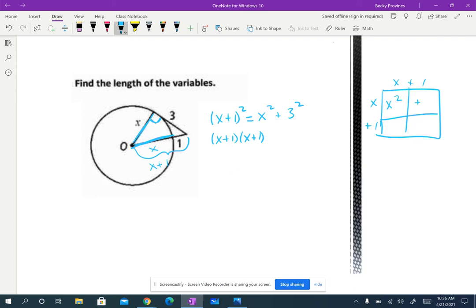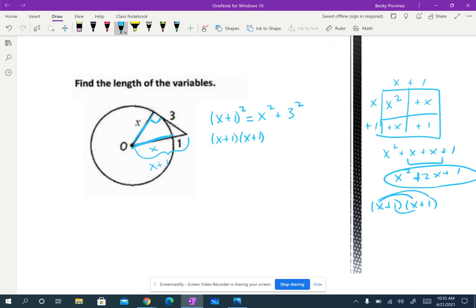X squared, x, and 1. So this is what you end up with. X plus x, you guys know, is 2x. That's a plus. So that's one way of getting it. Yes, you can FOIL, if you remember foiling, like the first, the outer, the inner, and the last.